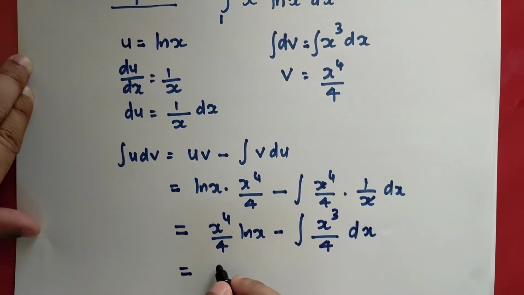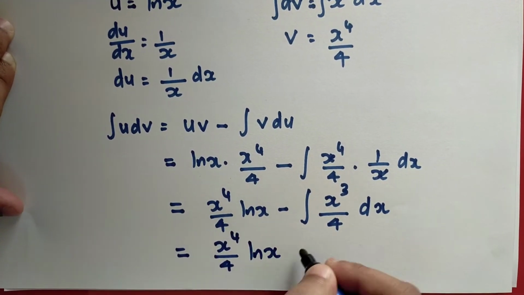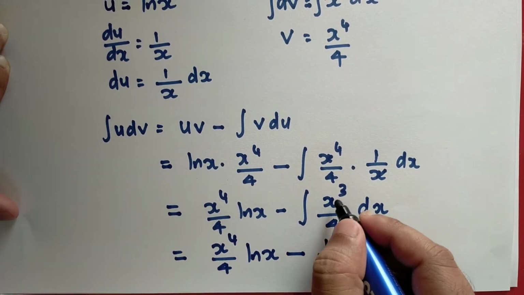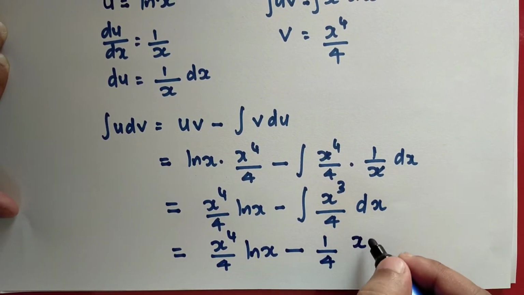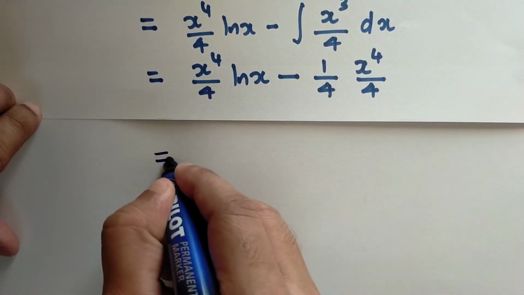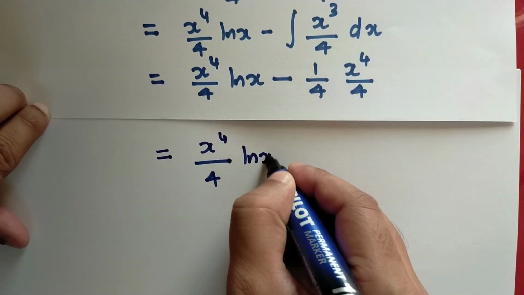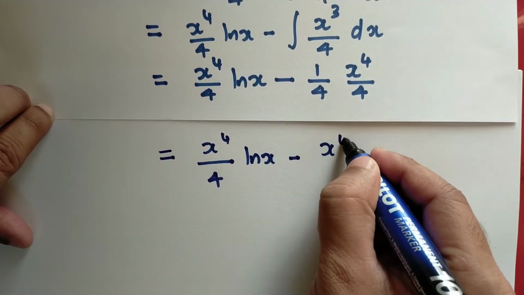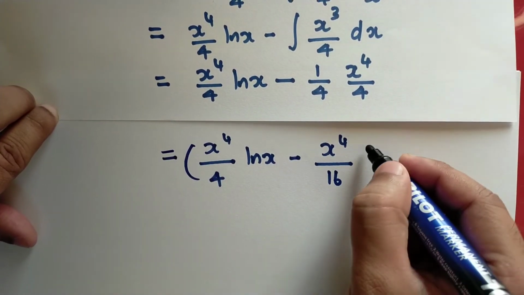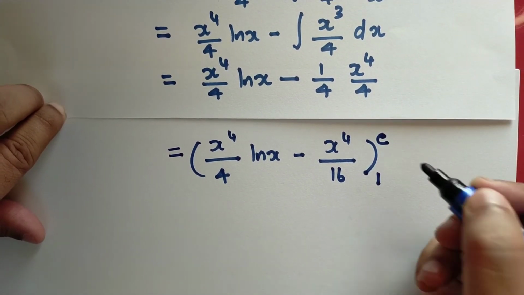That is equal to x power 4 by 4 ln of x minus 1 by 4, which is constant, leave it and integrate x power 3. Integral of x power 3 is x power 4 by 4. This is equal to x power 4 by 4 ln of x minus x power 4 by 4 multiply 4, which is 16. Then we will apply lower limit 1 and upper limit e.